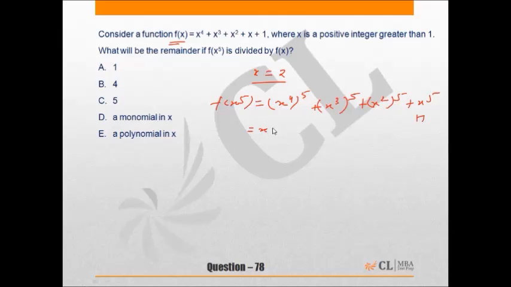This can be written as x raised to power 20 plus x raised to power 15 plus x raised to power 10 plus x raised to power 5 plus 1. Now we have to divide this quantity by f(x), which is x raised to power 4 plus x cube plus x square plus x plus 1.